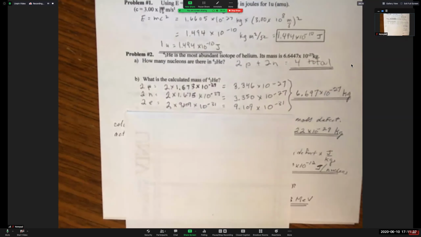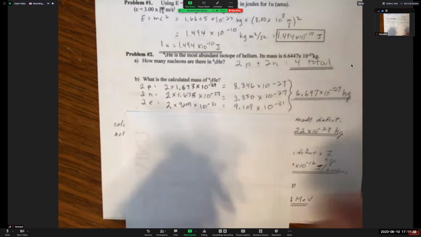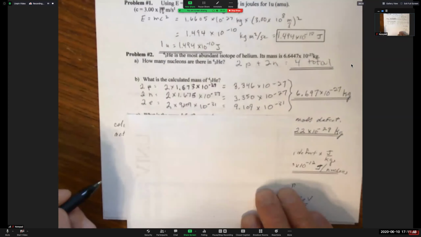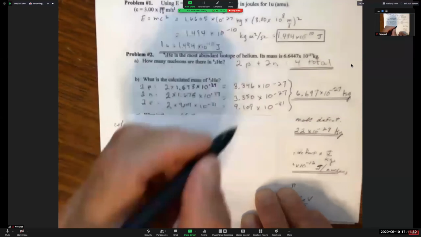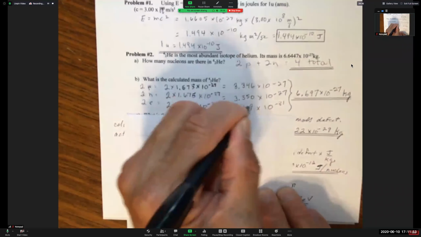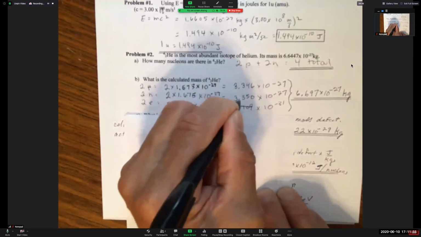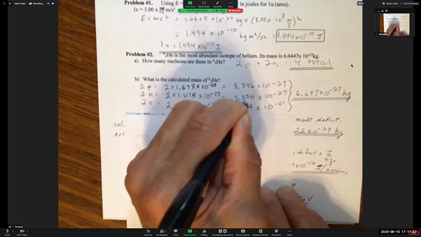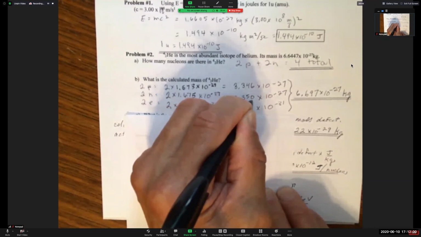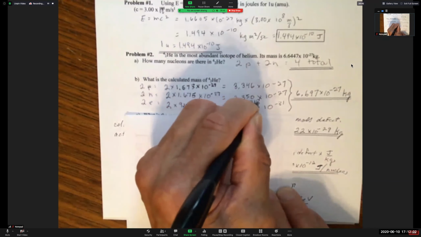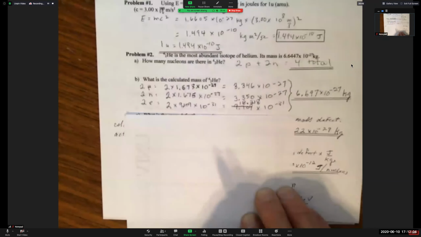I've got to fix this. 9.109 times 2, that would come out to be 18.218 times 10 to the minus 31.